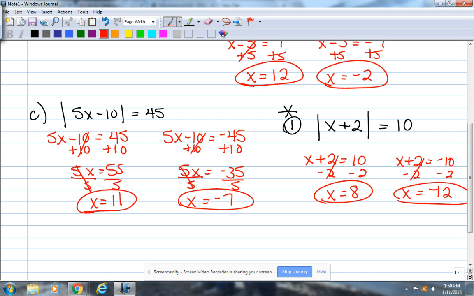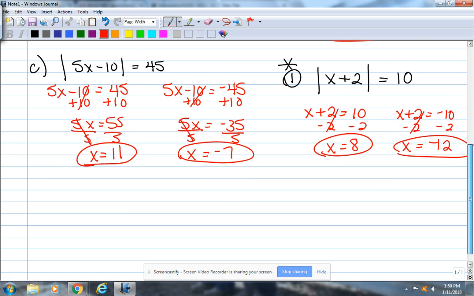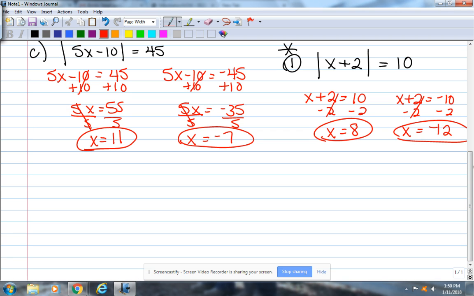Any questions about those? So those are absolute value equations. And y'all, equations have equal signs, right? So next, we're going to do absolute value inequalities. What's an inequality?